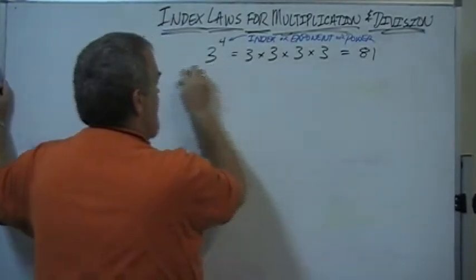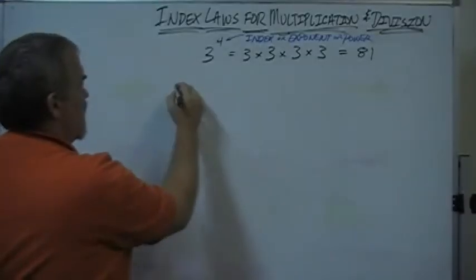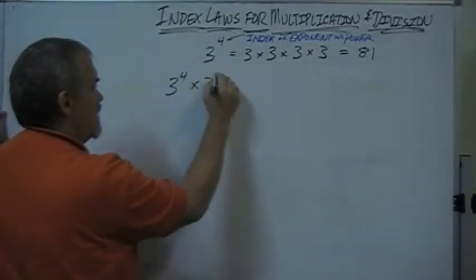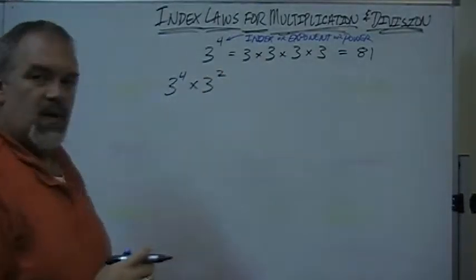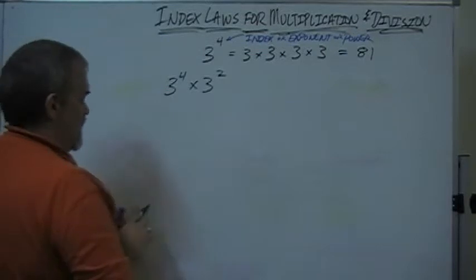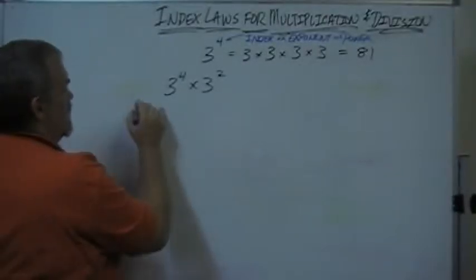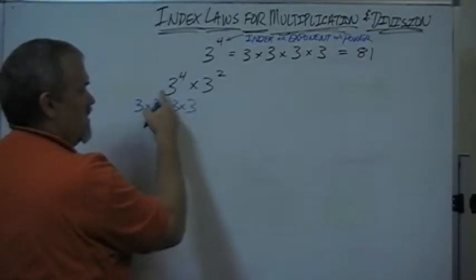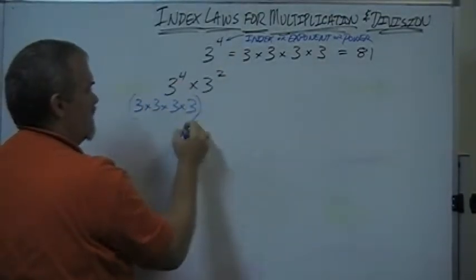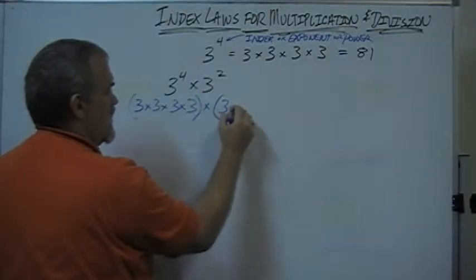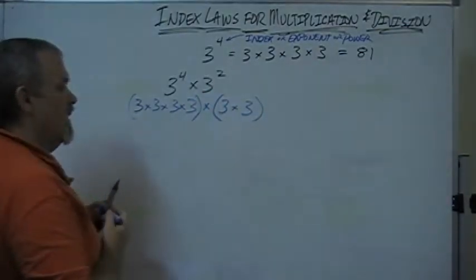And let's say that we had 3 to the 4th, and we wanted to multiply that by 3 squared. Now, if you think about this, 3 to the 4th means 3 times 3 times 3 times 3, which we've already written up there, times 3 squared means 3 times 3.